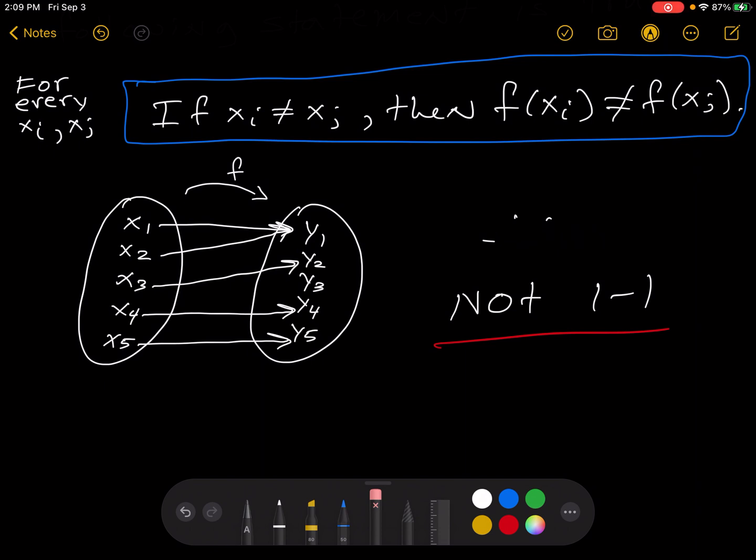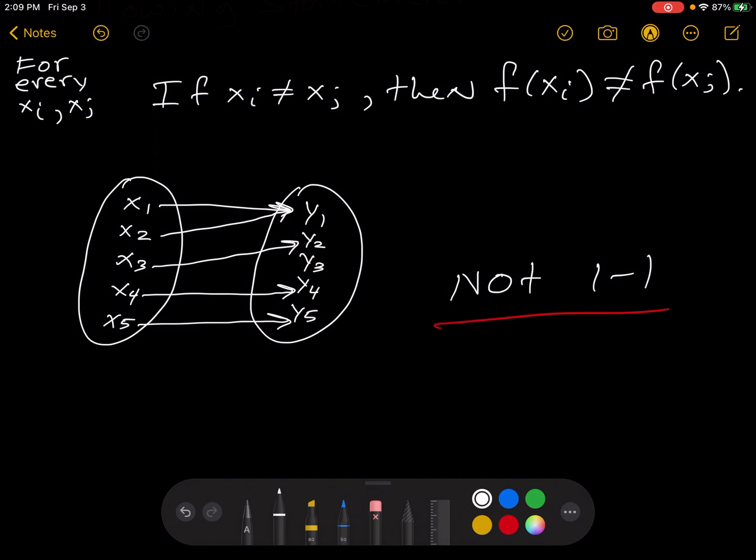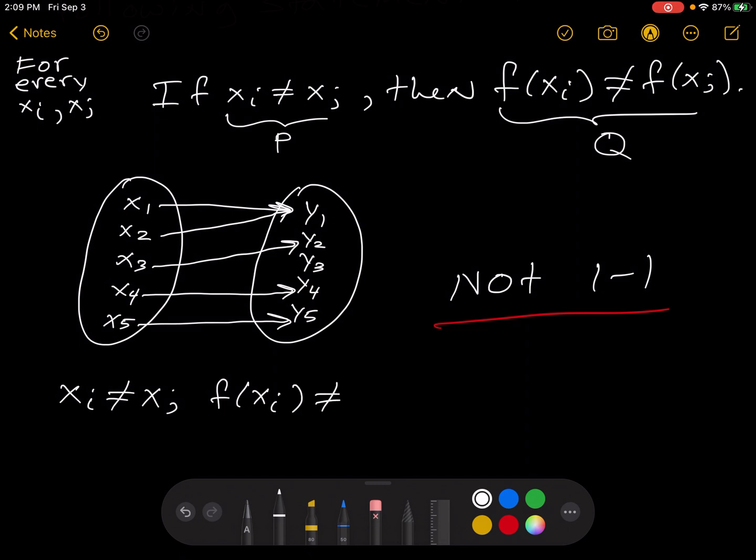And to see why it fails this if-then statement, let's use our truth table for if-then. Now, if we're looking at our truth table for if-then, this would be our P, this would be our Q. Okay, so we have xi does not equal xj, f of xi does not equal f of xj, and lastly we have P implies Q, right?